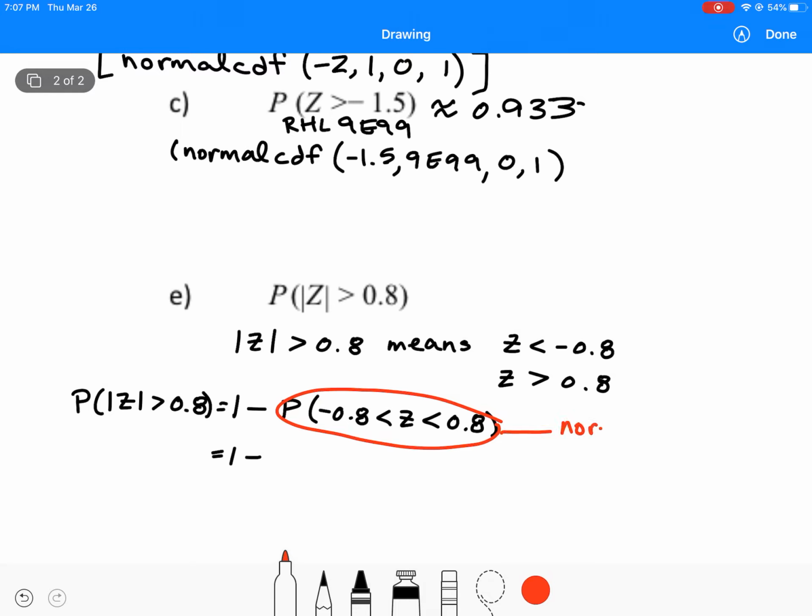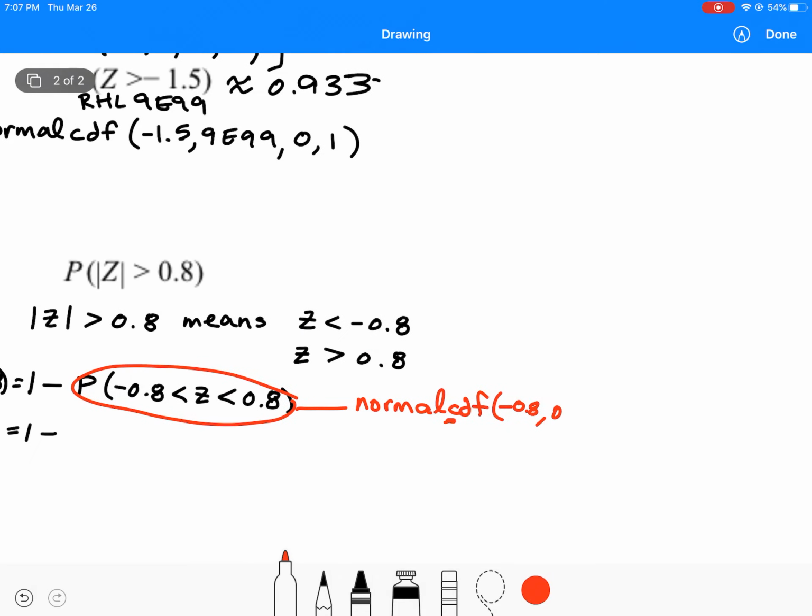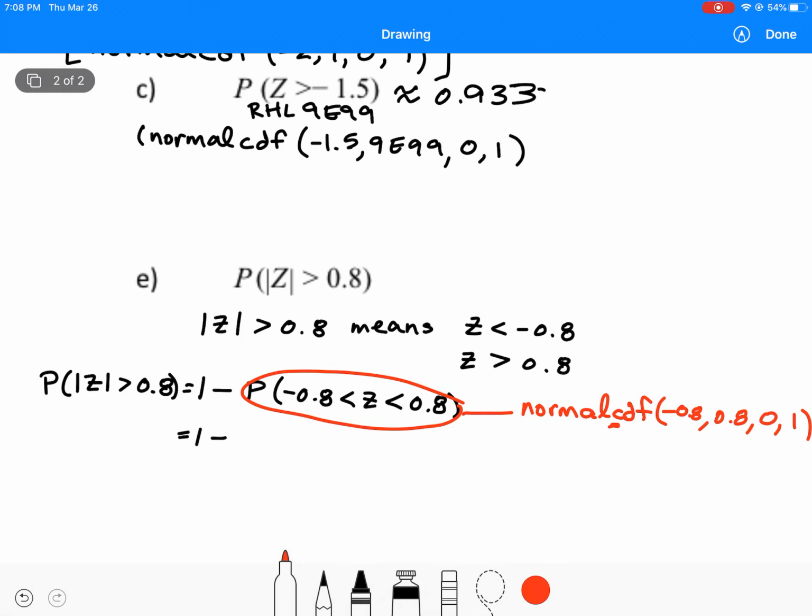On my graphing calculator, I would get to the normal CDF function. Again, making sure you're using CDF. We're not going to use PDF. Then our entries would be our left interval point, the endpoint on the right-hand side, and then our mean and our standard deviation.